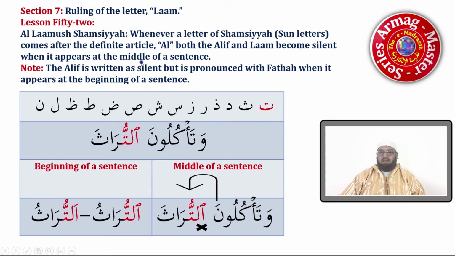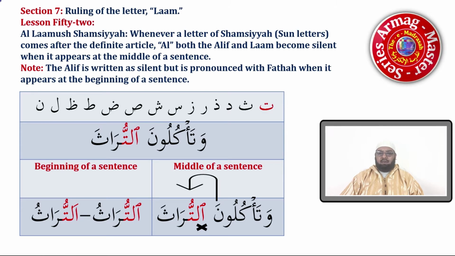Here we have the letters of ash-shamsiyya, which are called huruf ash-shamsiyya, and they are ta, tha, dal, dhal, ra, zai, sin, shin, sad, dad, ta, za, lam, and noon. We have to memorize these letters, okay?